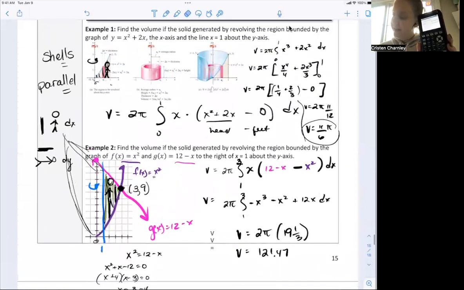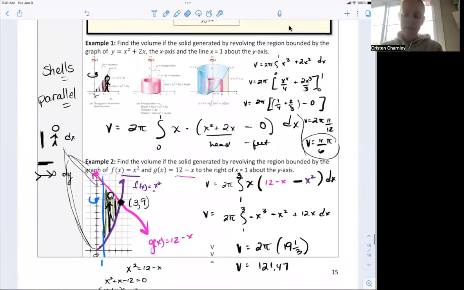And let's just double check the first one. The first one would be Math 9, 0 to 1, x, comma, x squared plus 2x. And a dx problem. 0.916. And then if I times that by 2 pi, 5.75.